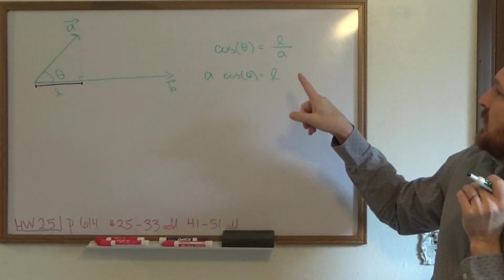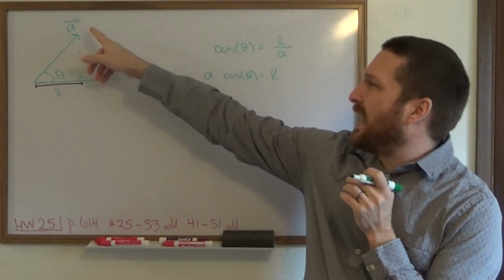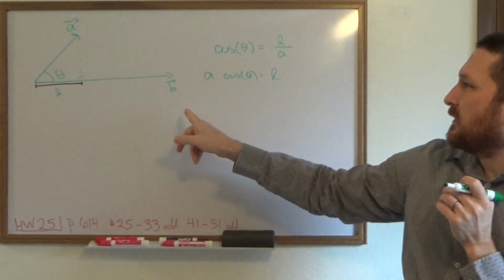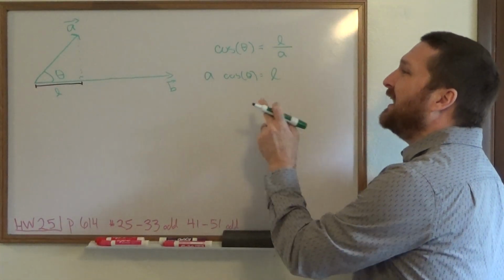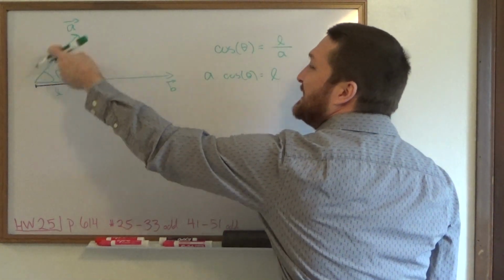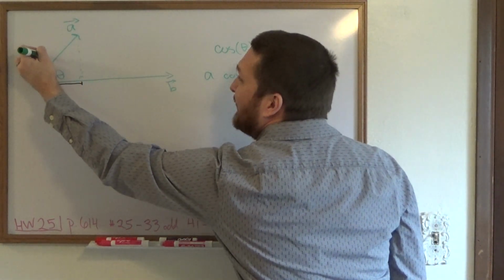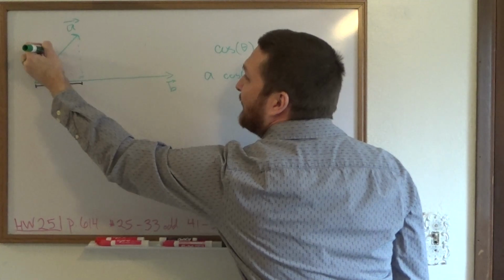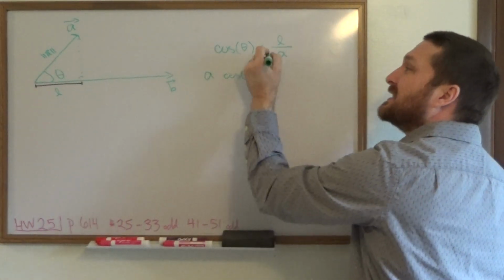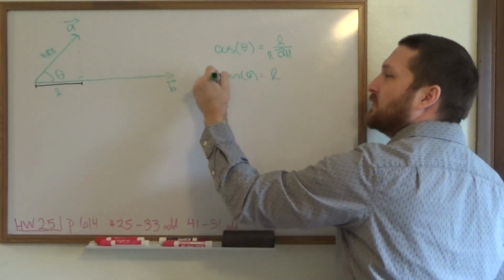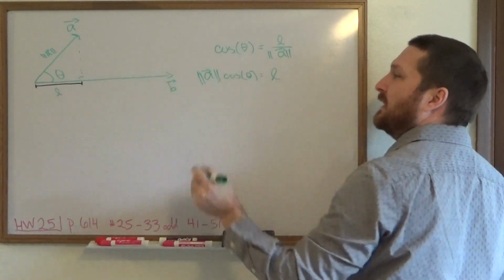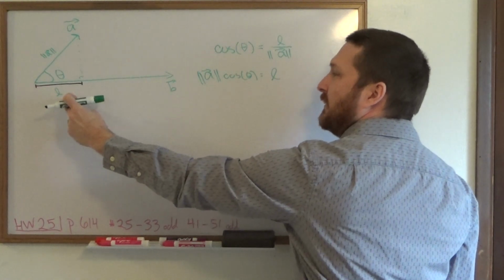Well, A is no longer a real number. First off, A doesn't show up anywhere here. You need the magnitude. It's the magnitude of A that that length is. And so that changes this to be the magnitude of A, right there. And this would be the magnitude of A, is that length right there.